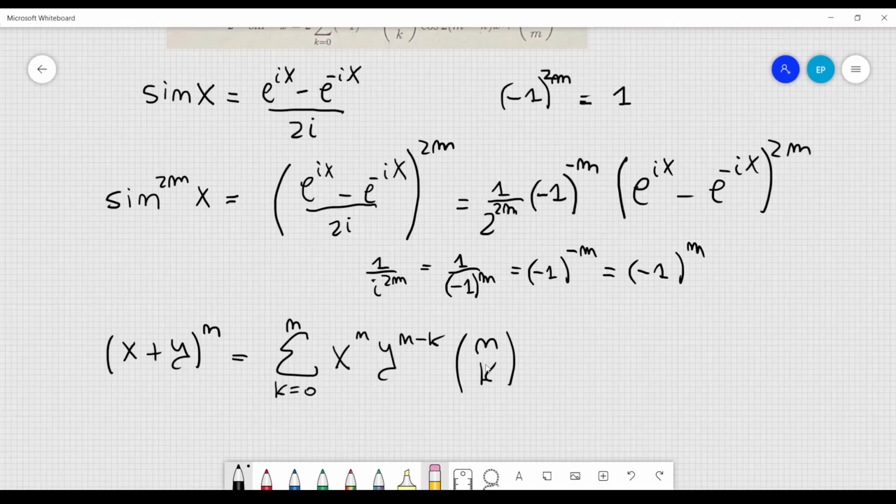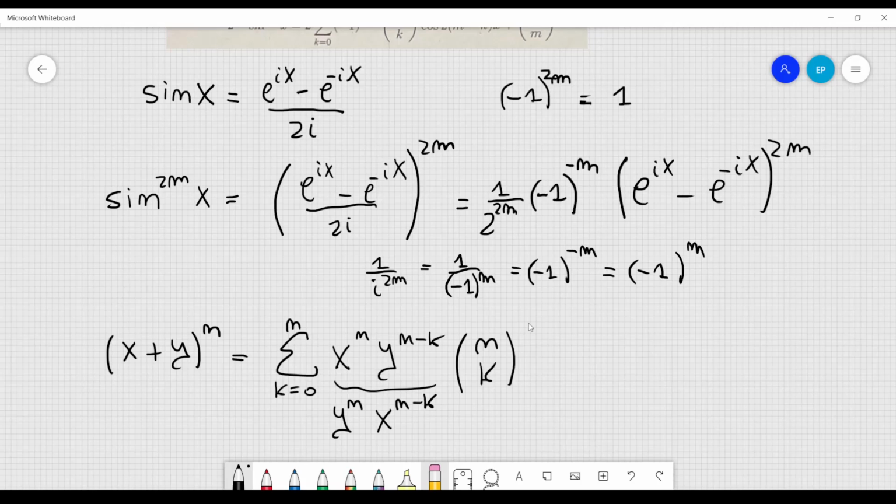So I can write it like this, but I can also write it in a different manner. For example, I can write it like this: y to the power k, x to the power n minus k, because there is symmetry with respect to x and y, so this is not really fundamental. Okay, so this is what we can do.